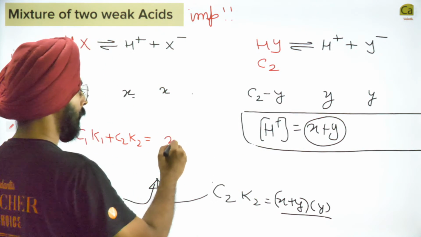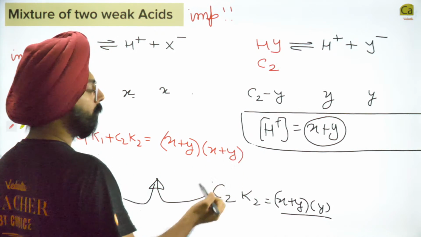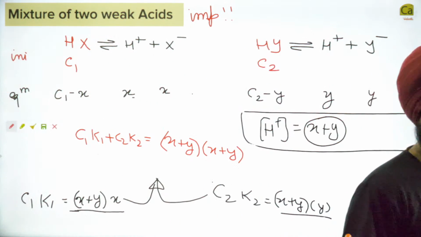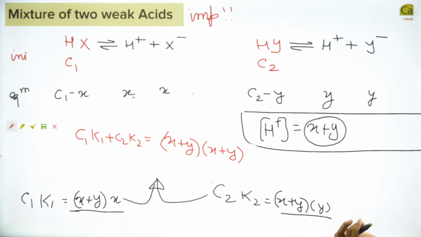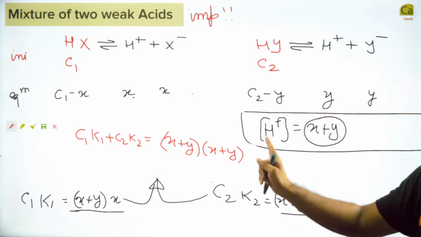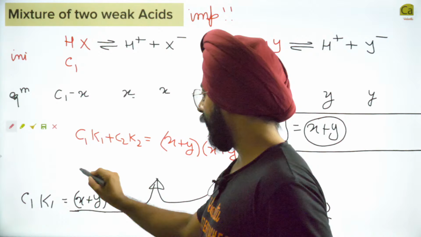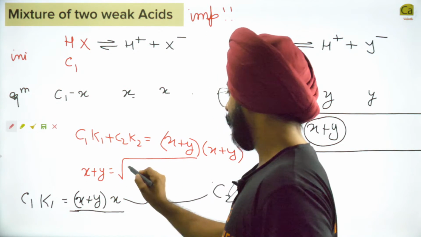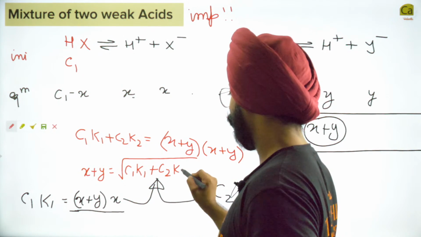You will get X plus Y into X plus Y. Yeah, as simple as that. दोनों चीजों को ऐड करो, X plus Y कॉमन लो, ये आ जाएगा आपके पास. Fine, got it. So my dear friends, from here I have the value of X plus Y. X plus Y very simply is equal to root of C1 K1 plus C2 K2.